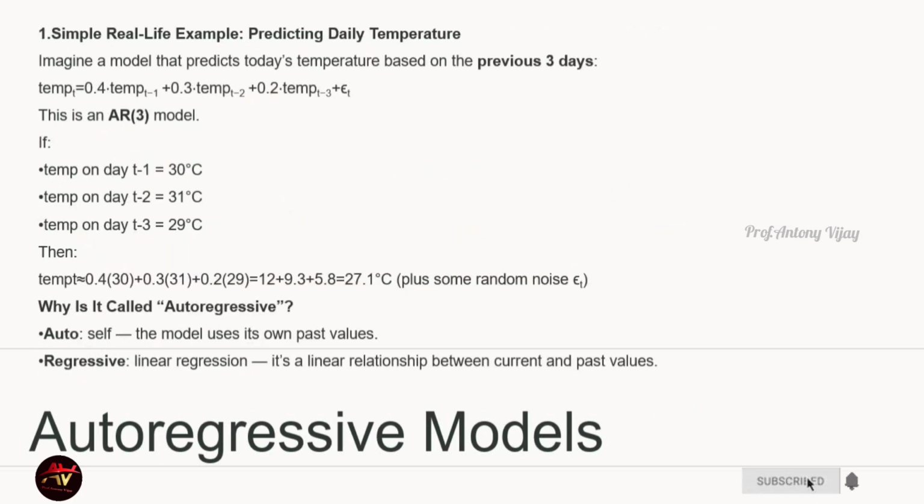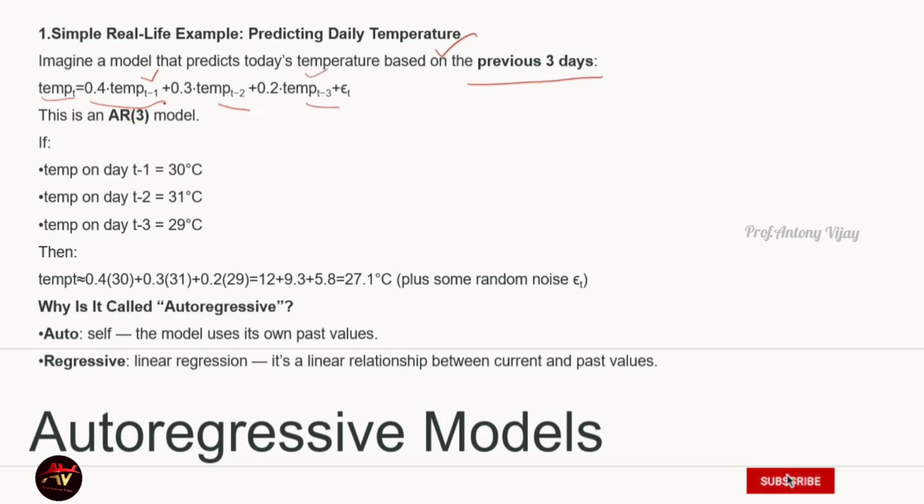Let's see an example for this autoregressive model. The first example is a temperature example. Here we have taken the previous 3 days of samples, and the formula for the current temperature is temperature T equals 0.4 into temp T minus 1. T minus 1 means yesterday's temperature, T minus 2 means the day before yesterday, and T minus 3 is 2 days before that.